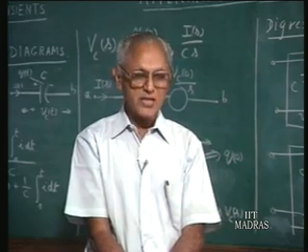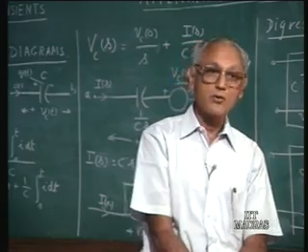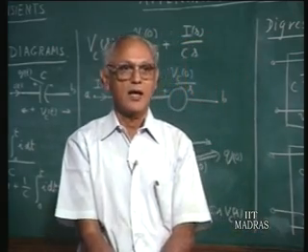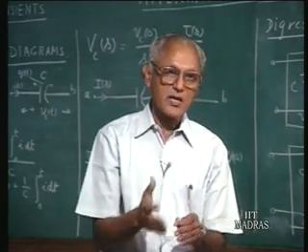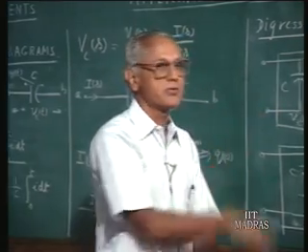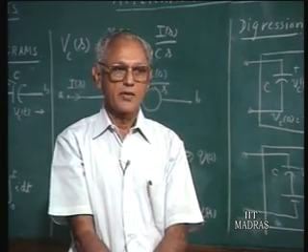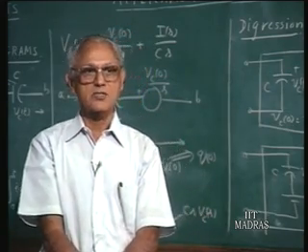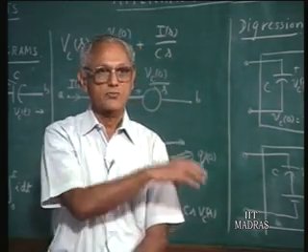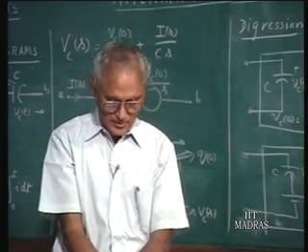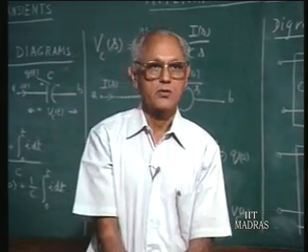We don't have to take additional trouble to find the 0 plus conditions because they are not normally known to us beforehand, unless there is continuity between 0 minus and 0 plus. It's enough if we take 0 minus conditions. And if there is any transition between 0 minus and 0 plus conditions, that automatically comes out in the final solution. This is one of the advantages of the Laplace transform technique, as you will get to know when you work out circuit problems.